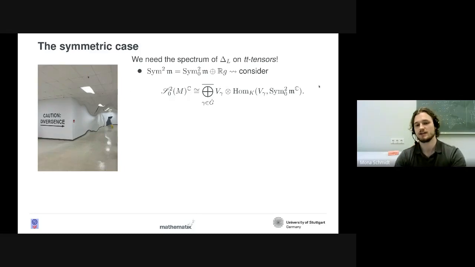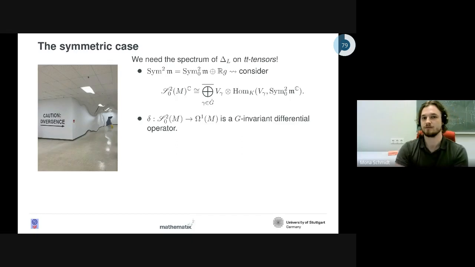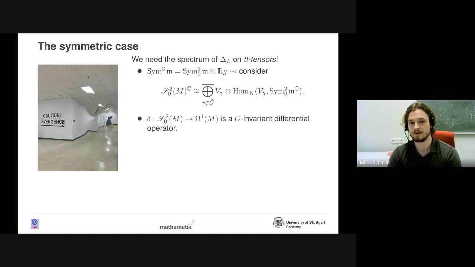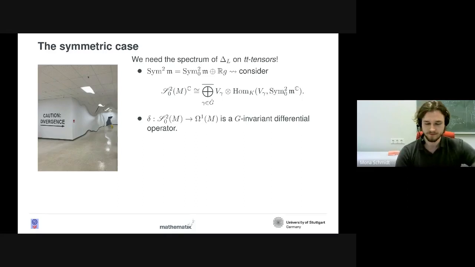But for the divergence, we have to think a bit more. How do we approach the divergence? First, we observe that the divergence operator, which goes from the space of trace-free symmetric two-tensors to the space of one-forms, is also G-invariant because it's defined in terms of the metric g.